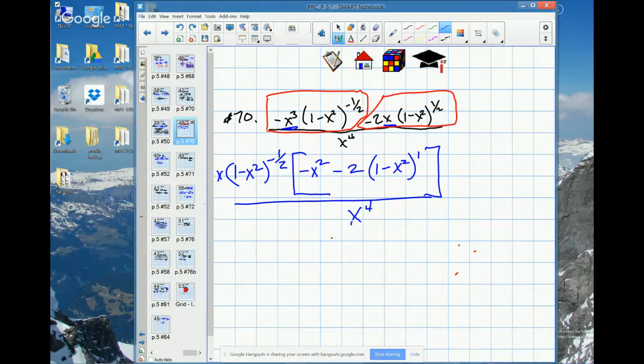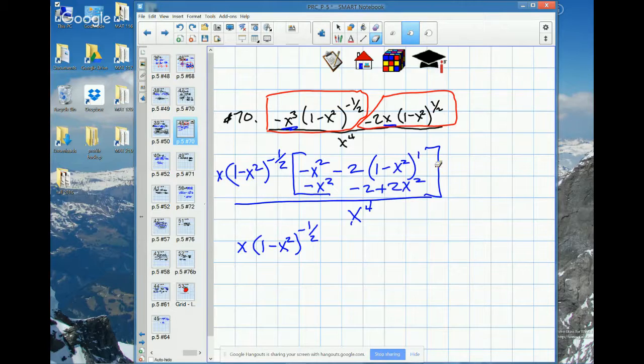Does everybody see how we got there? Big deal is, can we simplify what's in the brackets? Well, let's see what we got. I'm not touching this thing over here. So when you distribute the negative sign, won't this be negative 2 plus 2x squared here?